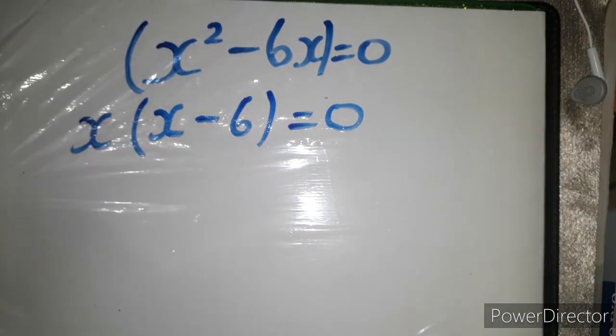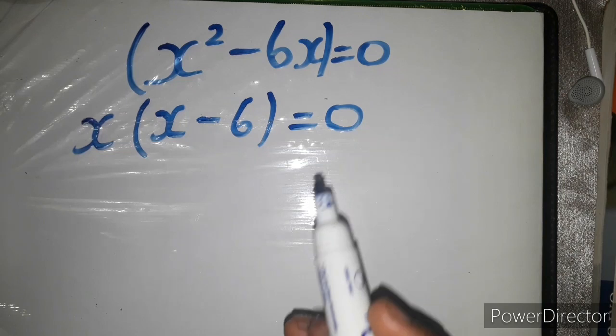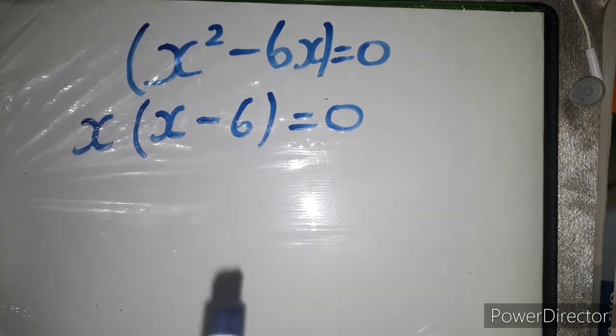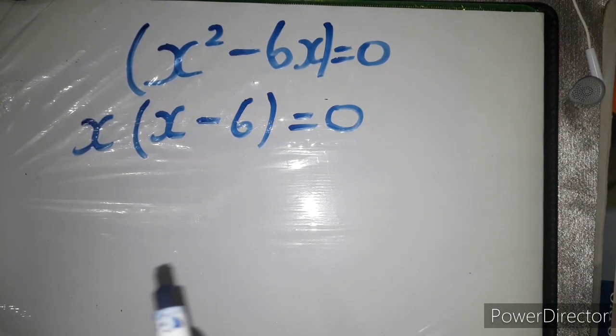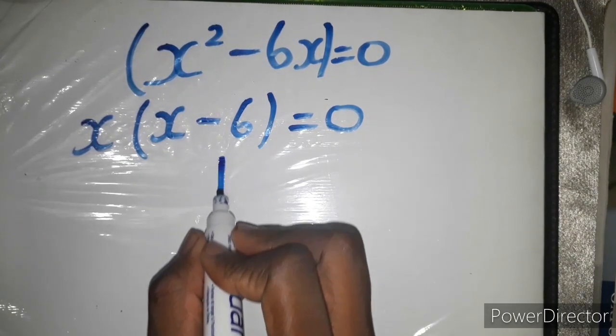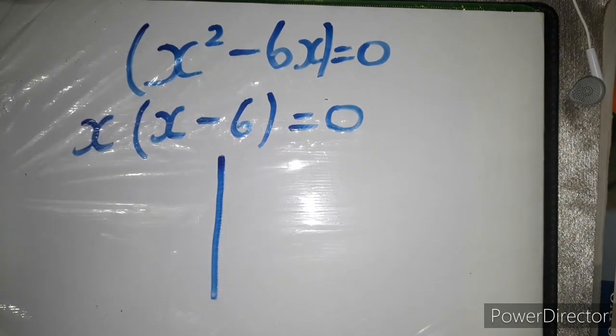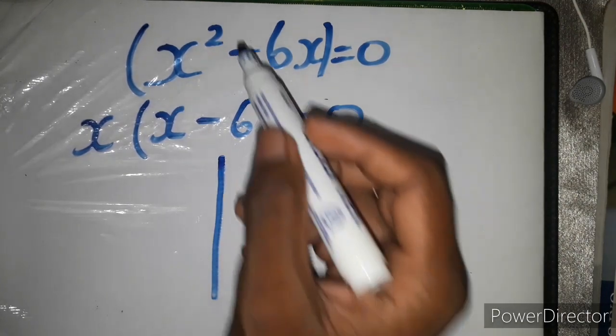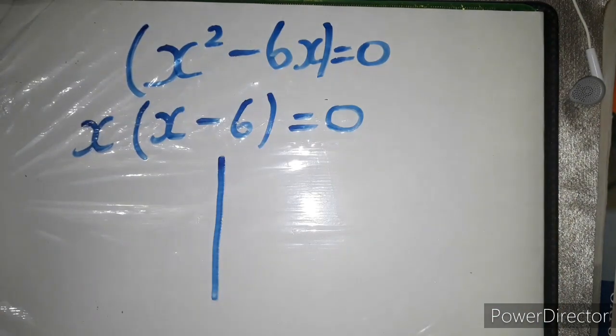But if we want to solve it, we have to take it one step further, in which we will be equating. When we factorize, we're splitting it into 2 factors, so we equate these 2 factors to 0, and that will give you the values for x. In quadratic equations, x will always have 2 values that satisfy the equation.